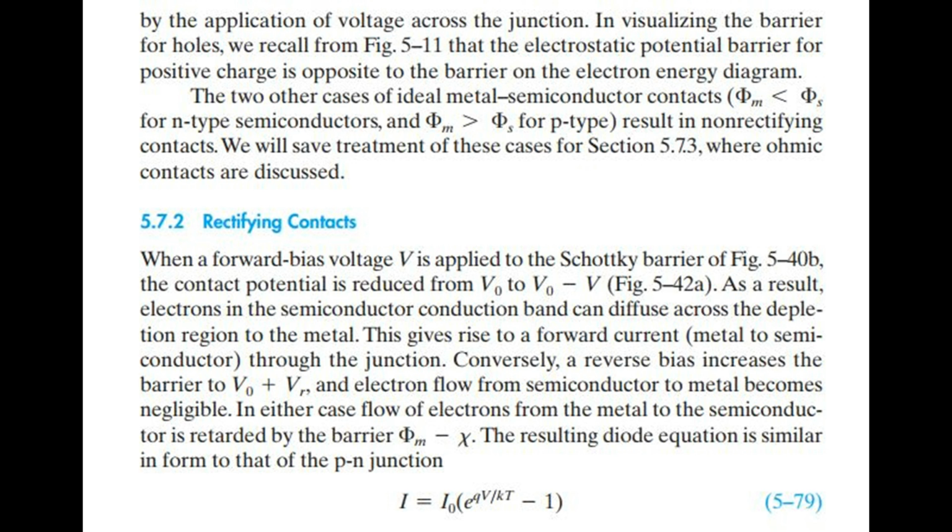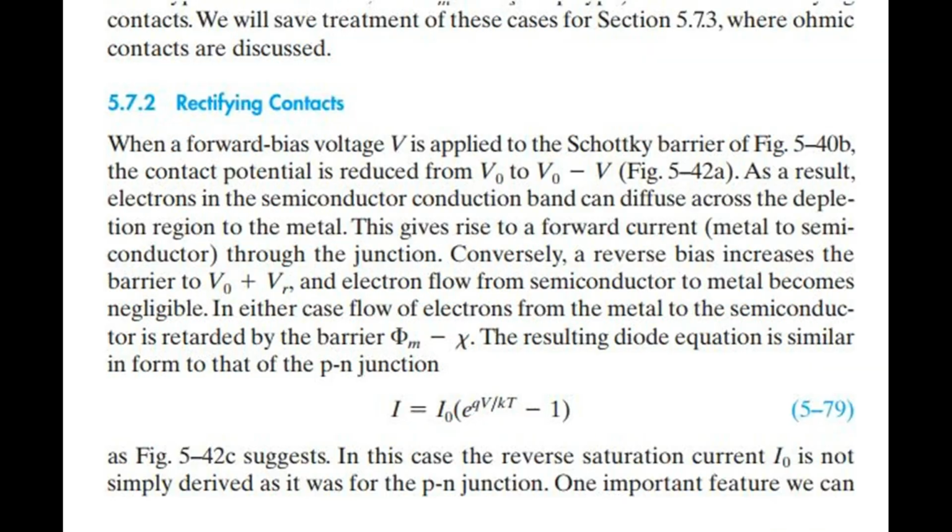The resulting diode equation is similar in form to that of the p-n junction: I = I0(e^(qV/kT) − 1), Eq 5.79, as Fig 5.42c suggests. In this case, the reverse saturation current I0 is not simply derived as it was for the p-n junction.